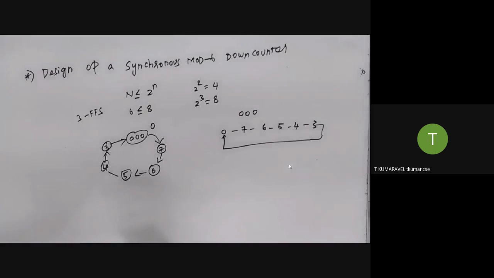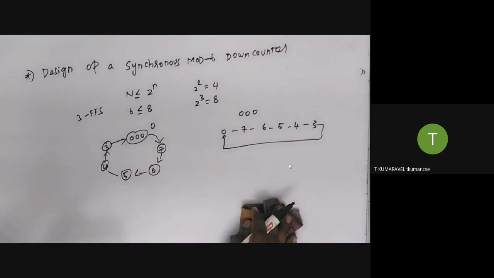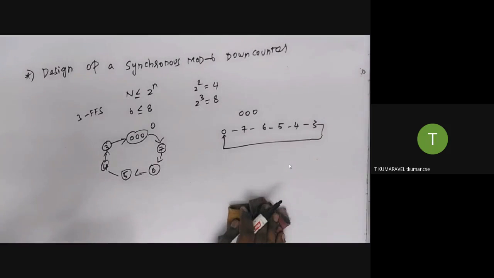The diagram should appear like this: 7, the initial state 0, 6, 5, 4, 3. When we reach 3 and apply one more clock cycle, it will reach the same state, and again it will reach the starting state. Based on that state diagram, you will form the excitation table, and from this you will derive the Boolean expression. Okay, it's okay for you.